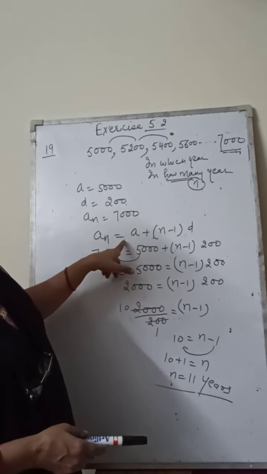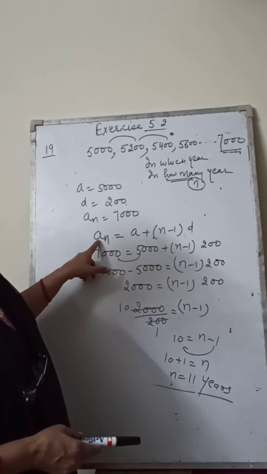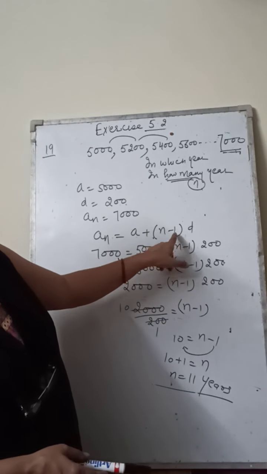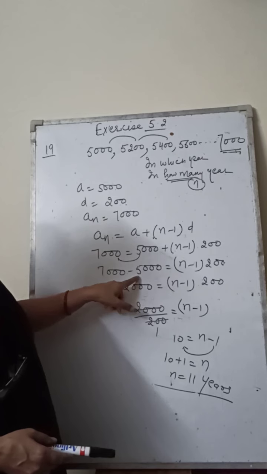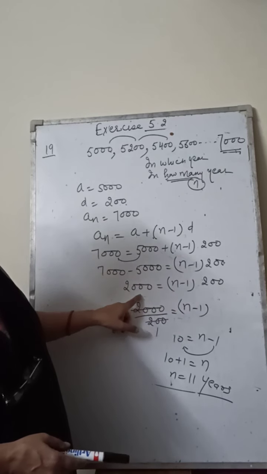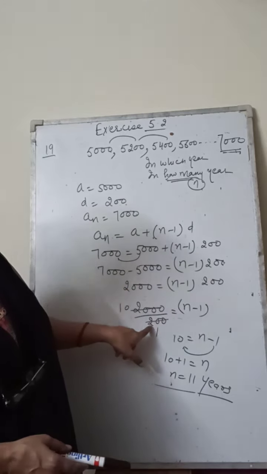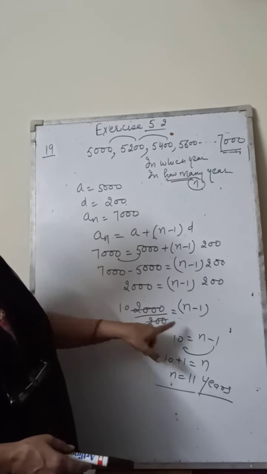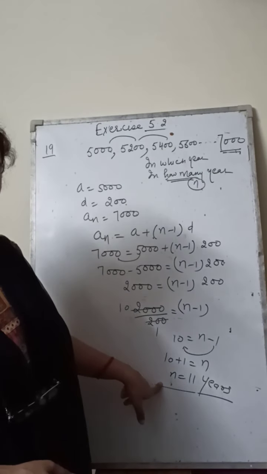Use the formula An is equal to a plus n minus 1 into D. An 7,000, a 5,000 plus n minus 1, D is 200. This will go to this side, become minus, subtracting. 2,000 is equal to n minus 1 into 200. 200 will come down. By cutting you will be getting 10. n minus 1 is equal to 10. n is equal to 11 years.